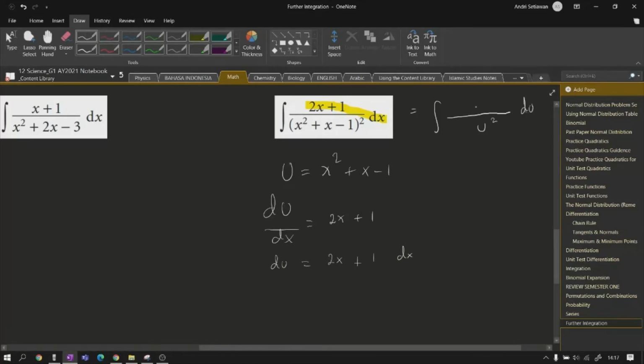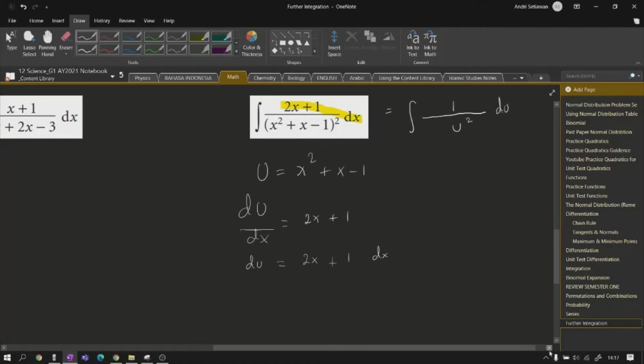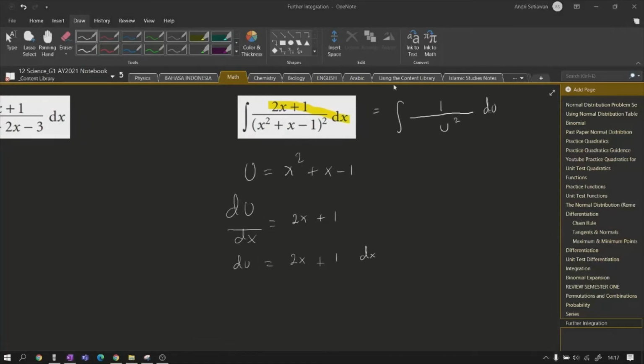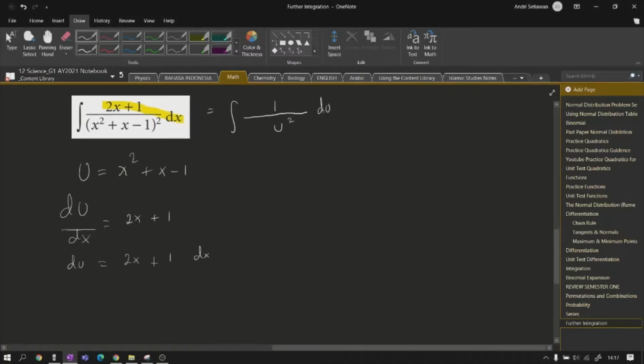Okay, so we put 1 above the fraction, because we don't have any other number, and then we can directly integrate this integral.